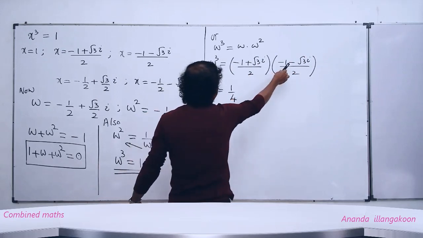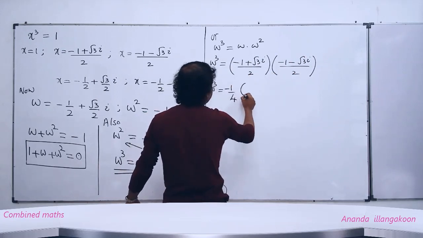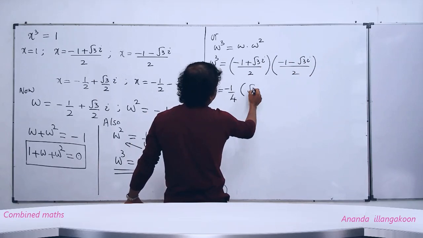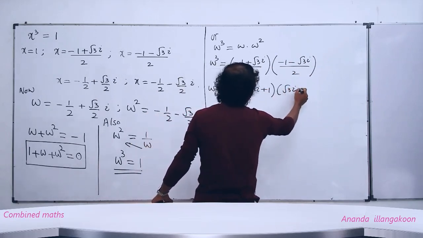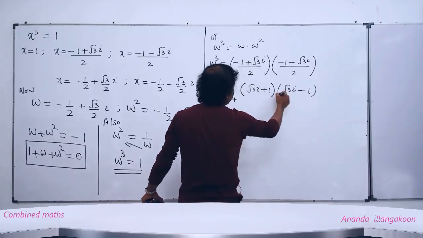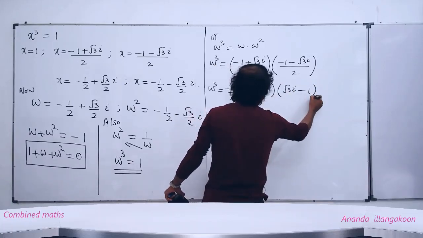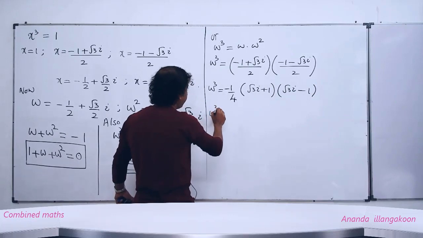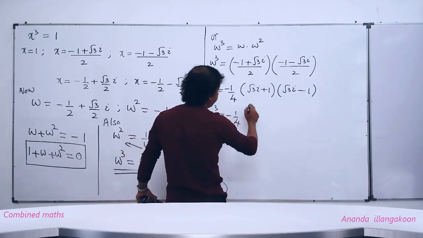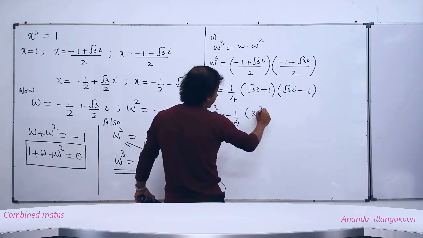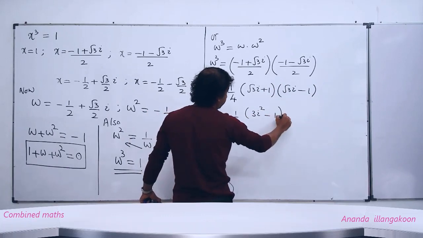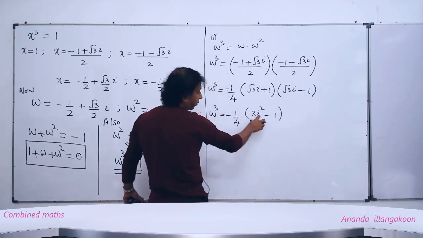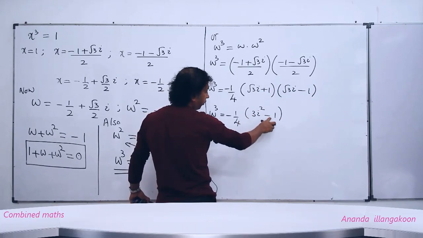Take this minus sign out, we get root 3i plus 1, root 3i minus 1. Then simplify this. We get 3i squared minus 1. i squared is minus 1, minus 3, minus 1 is minus 4.